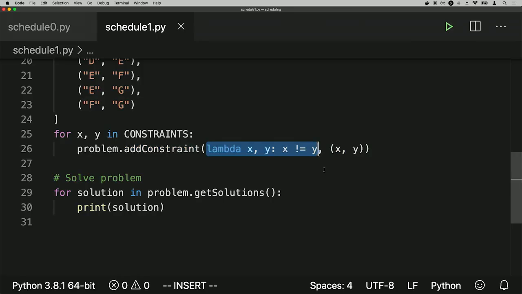And the constraint basically says it's a function that takes two variables, x and y, and makes sure that x is not equal to y, enforcing the idea that these two classes cannot have exams on the same day. And then, for any constraint satisfaction problem, I can call getSolutions to get all the solutions to that problem. And then for each of those solutions, print out what that solution happens to be.